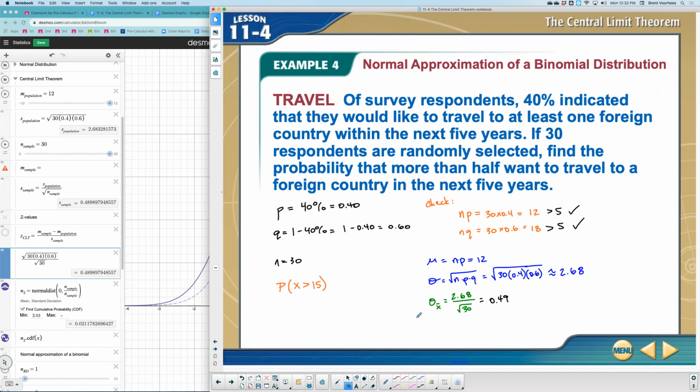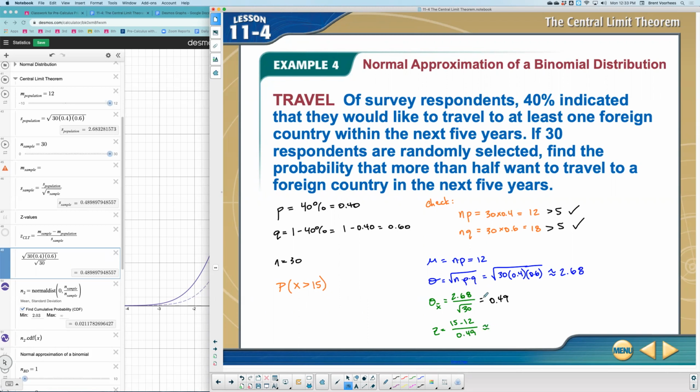And then after we found the standard error, what we've been doing is finding the z-value after that. So z would equal, we want to know the probability that's greater than 15. That's going to be our sample mean, if you will, minus the mean of the population, which is 12, divided by the standard error, 0.49.